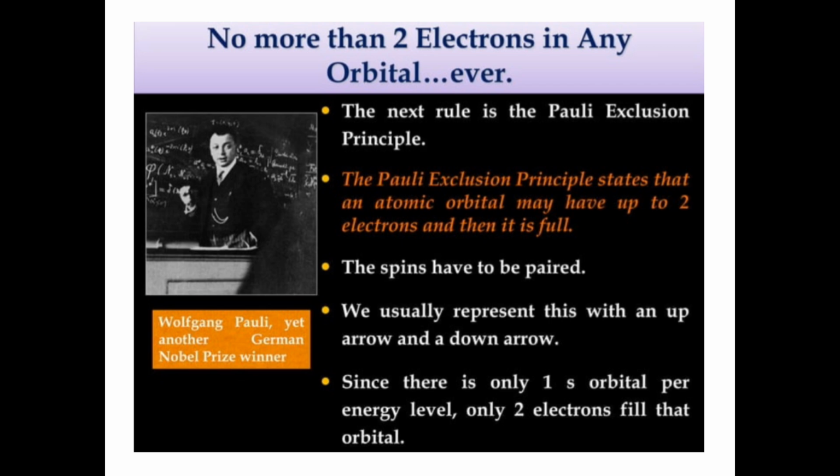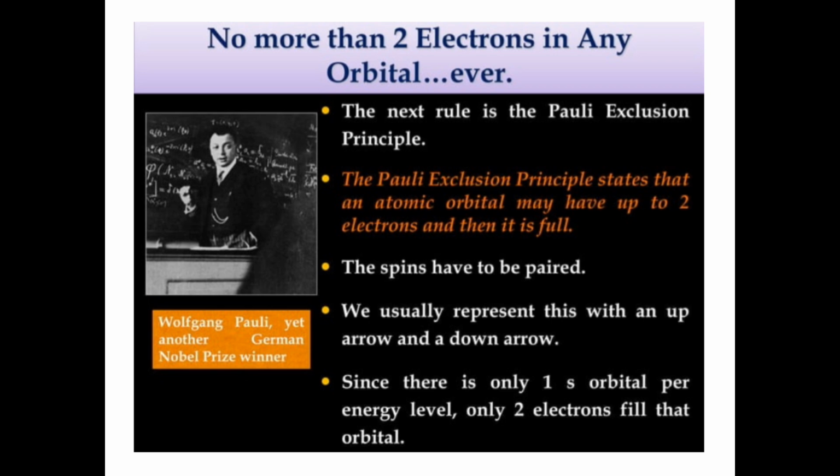We can also put it this way: Pauli's exclusion principle states that no 2 electrons in the same atom can have the same values for all the 4 quantum numbers.